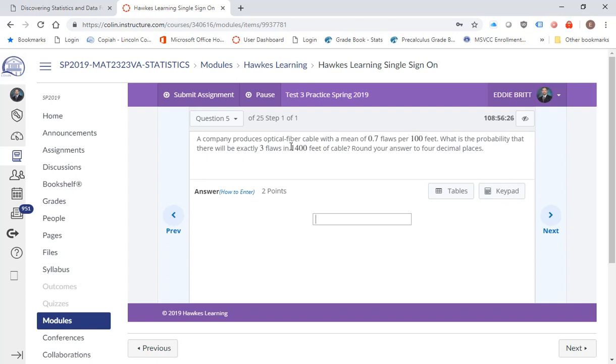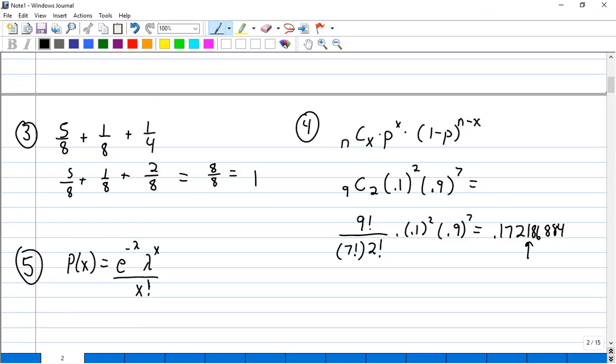So we have to say 14 times 0.7, and that will give us the average number of flaws per 1,400 feet. Again, it gives us 0.7 per 100, but this is 1,400. So whatever 14 times 0.7 is, that is our average number of flaws. And I did that in a calculator, and I got that our average number of flaws is 9.8.